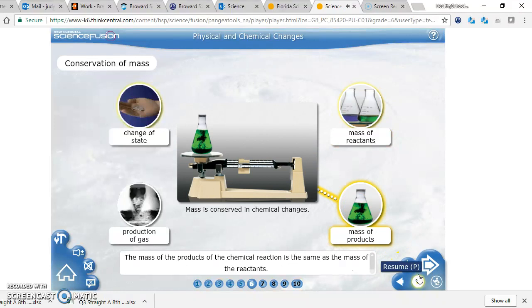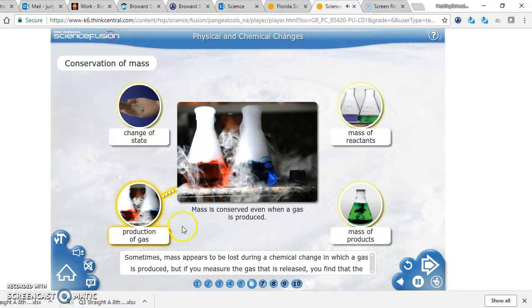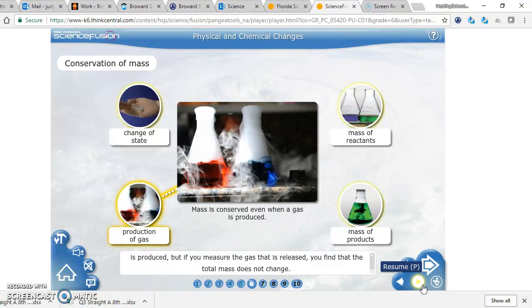The mass of the products of the chemical reaction is the same as the mass of the reactants. Sometimes mass appears to be lost during a chemical change in which a gas is produced. But if you measure the gas that is released, you'll find that the total mass does not change.